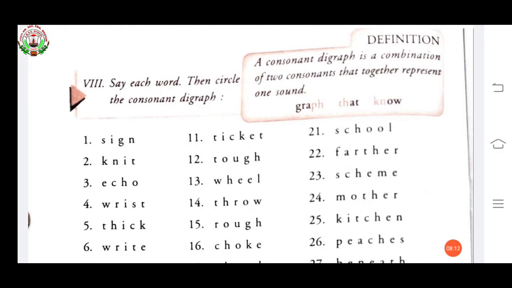A consonant digraph is a combination of two consonants. Consonants, you know, except the vowels A, E, I, O, U, the rest of the letters are called consonants. A consonant digraph is a combination of two consonants that together represent one sound.